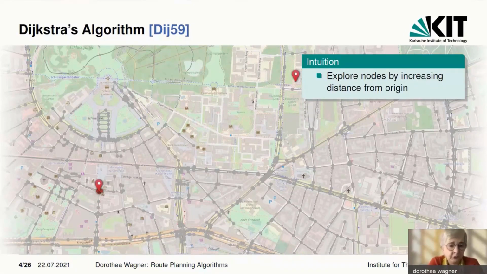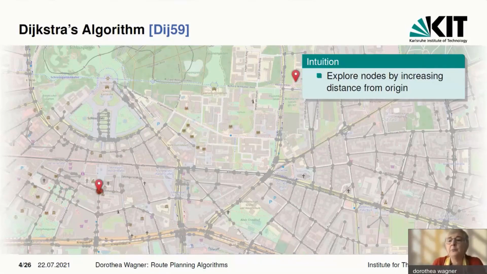And in computer science or informatics, we teach this algorithm already in the first year of the bachelor program. For what follows, you need not know this algorithm in all detail, but it helps if you have an intuition how this algorithm works. And therefore, I will give you this intuition.